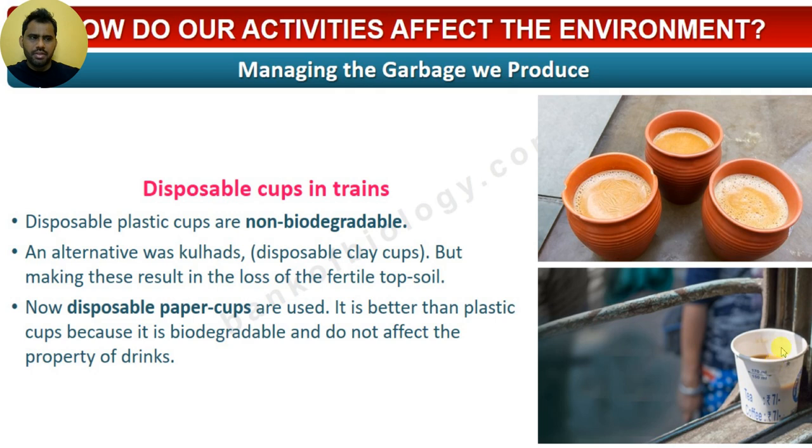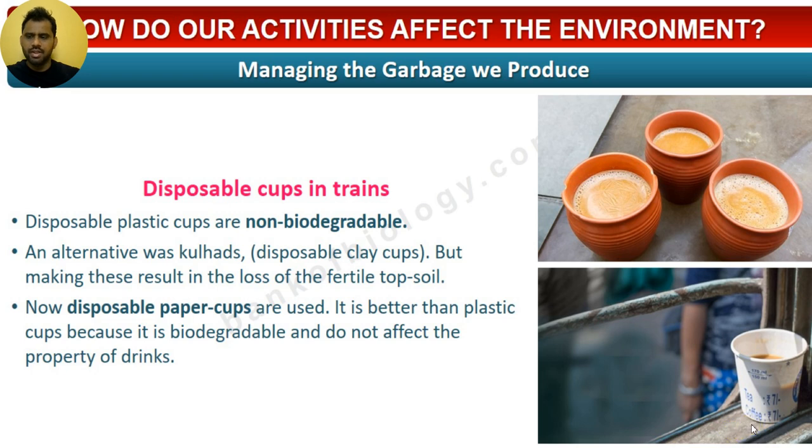What can be the alternative for this? An alternative can be the kulhads, the clay cups. In place of plastic cups, we can use the clay kulhads. But making these results in loss of fertile topsoil. That is another problem. Now disposable paper cups are used.